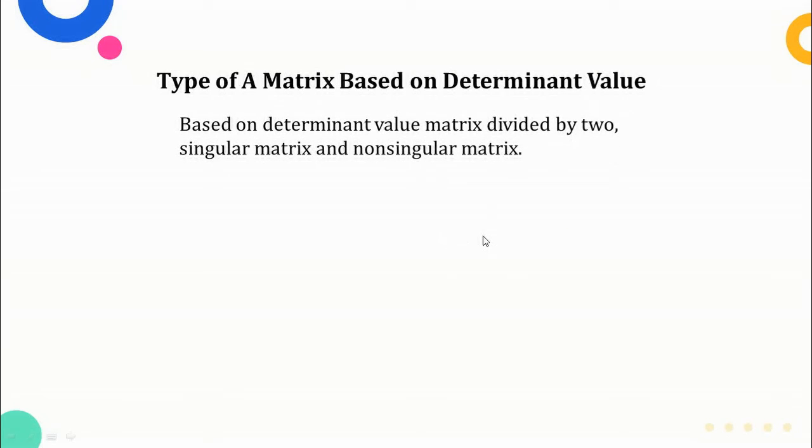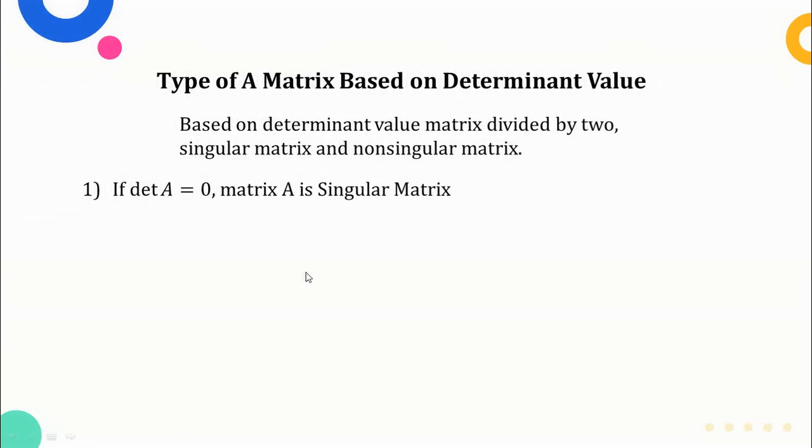Okay, now before we jump to the properties, we need to know the type of a matrix based on determinant value. Based on determinant value, matrices are divided into 2: the first is singular matrix, the second is non-singular matrix.